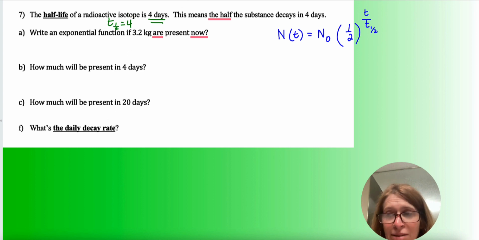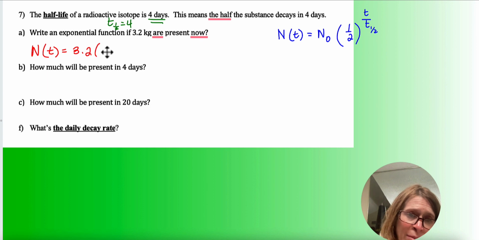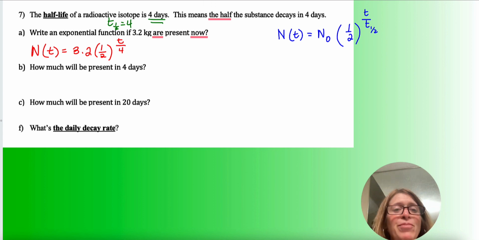So my equation would be N of t equals 3.2 times 1/2 to the t over 4. Now that really should look like A of t equals a sub 0 times b to the t over k.